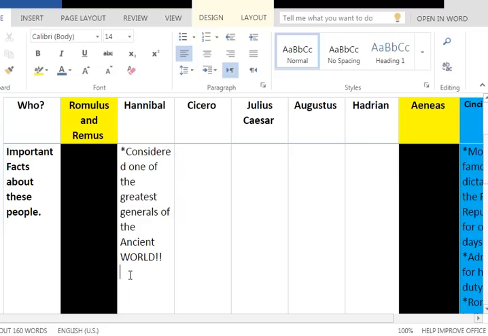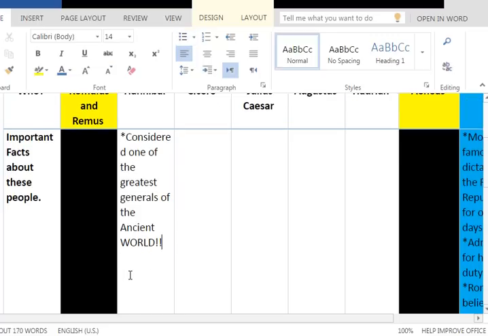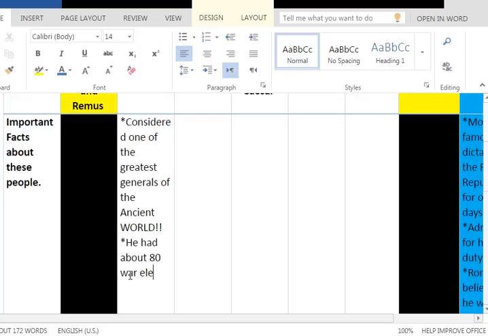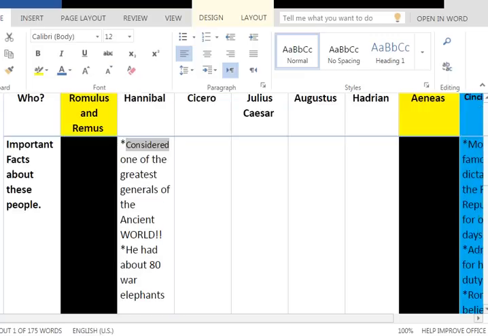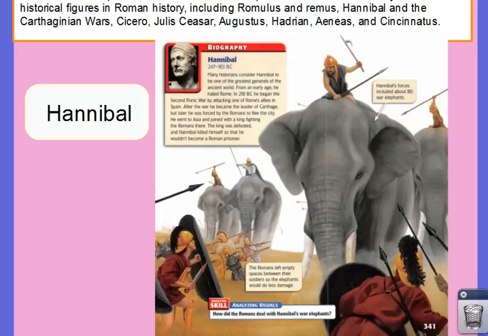And yeah, you can go ahead and put the fact in that he had about 80 war elephants. That would be quite intimidating to see coming toward you. Alright, I have my two facts so far. Considered one of the greatest generals of the ancient world. He had about 80 war elephants. Alright, next.